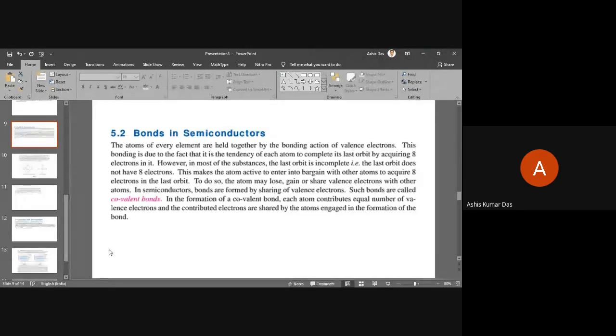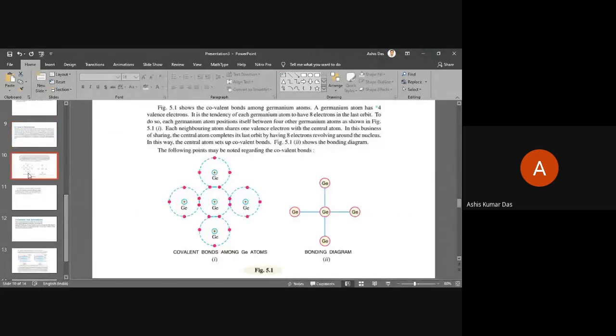Here in this covalent bond, you can see this is the germanium atom, and it is making the covalent bond with the neighboring germanium atom. How are we making the covalent bond? In the germanium, if you try to recall, the atomic number is 32.